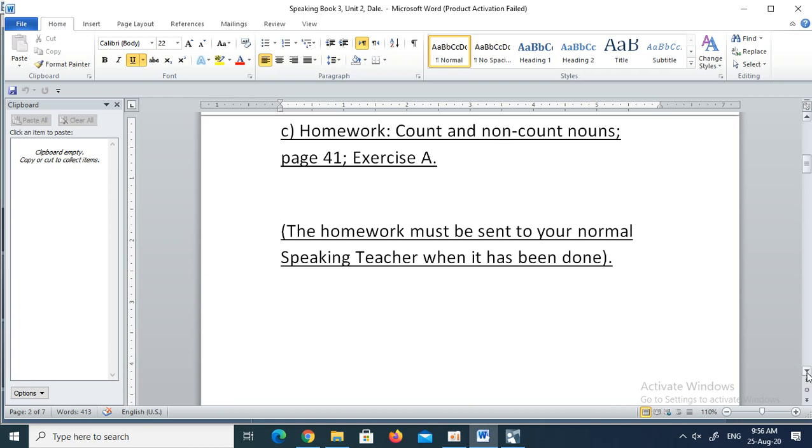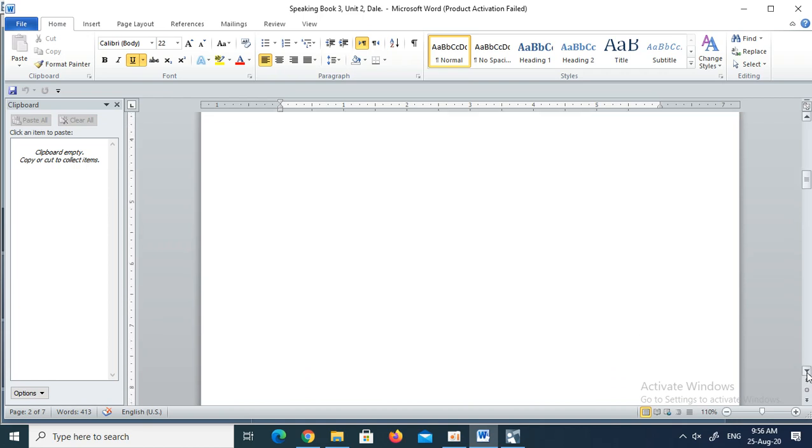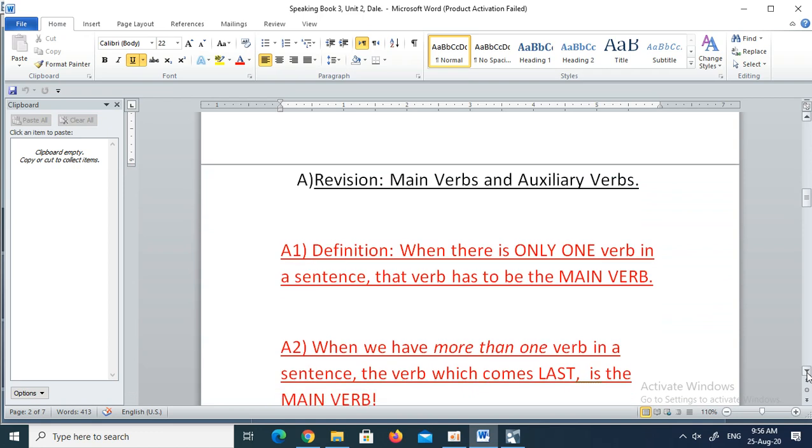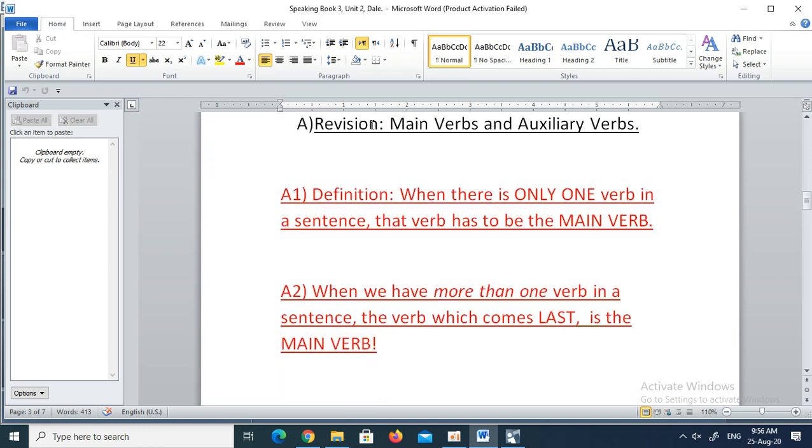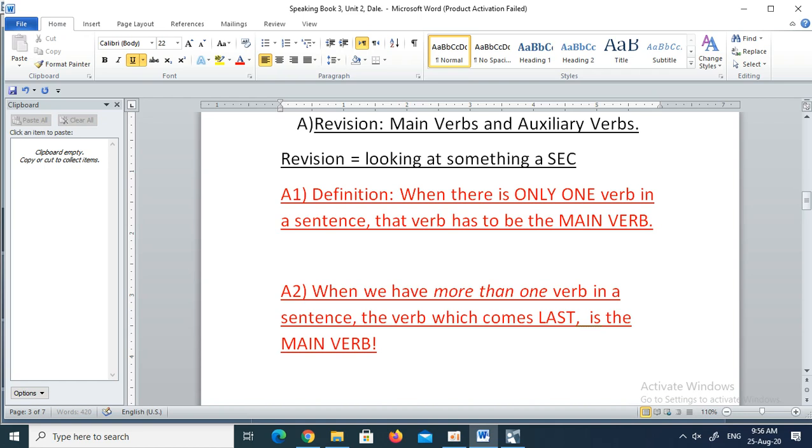All right, everybody. What we are going to do first of all is revision. Remember that word revision means looking at something a second time.